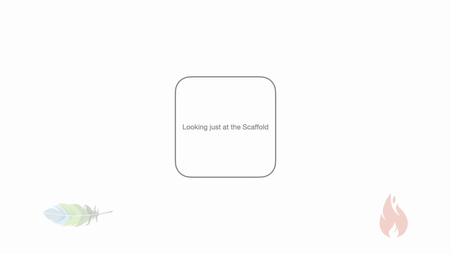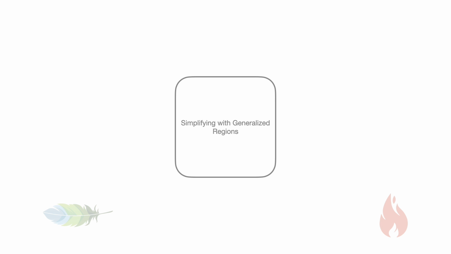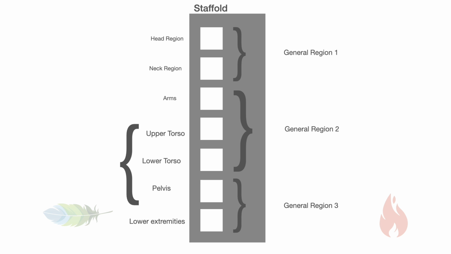Just checking out the scaffold, we've got those curly brackets on the left side indicating the outer structure core region. And then we're also going to name the generalized anatomical regions, which are the curly brackets on the right side.